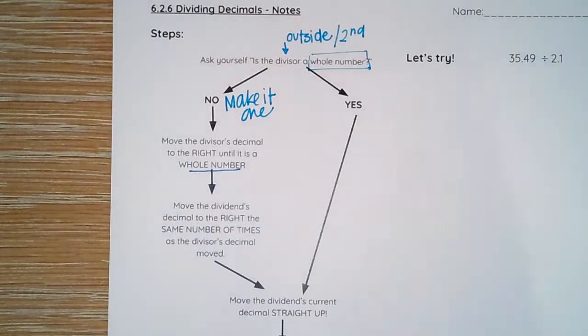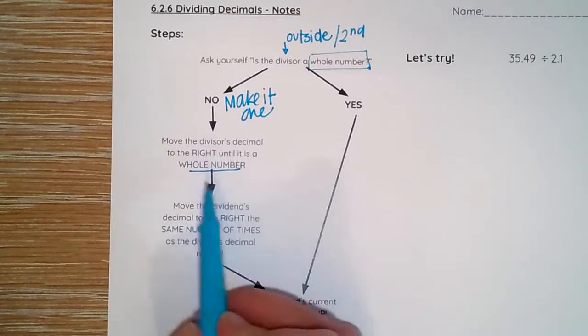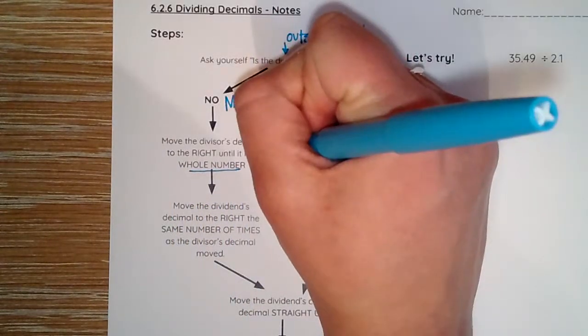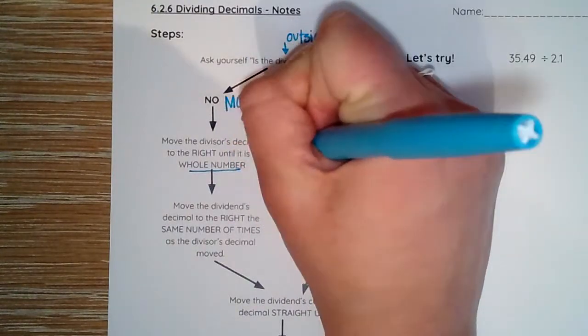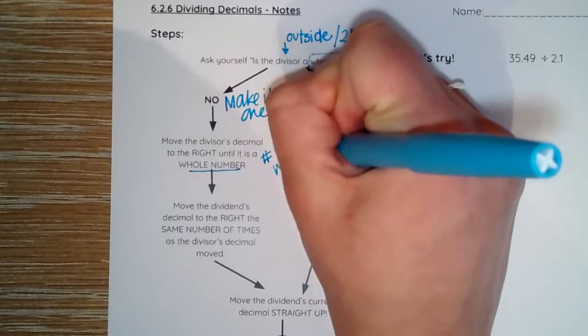So we make that outside number, that divisor, a whole number. Once we've made the divisor a whole number, we need to know how many times we moved the decimal.